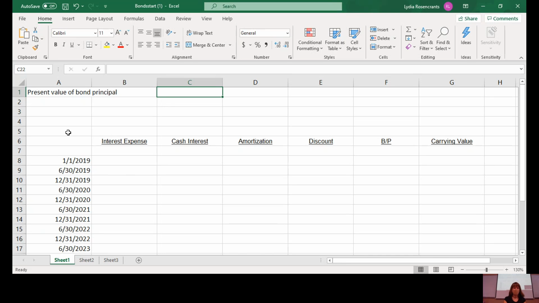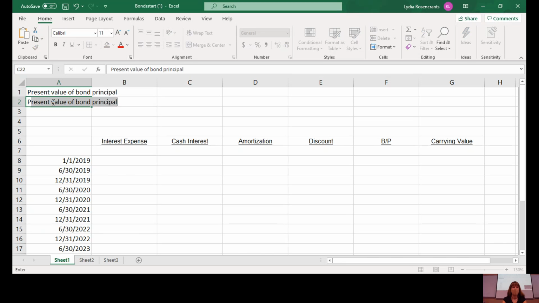They're also going to receive interest payments. They're going to receive 5% a year, 5% of 80,000 per year for the next 5 years, but they're going to receive them semi-annually.